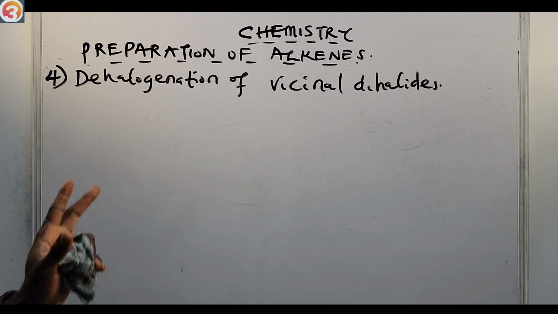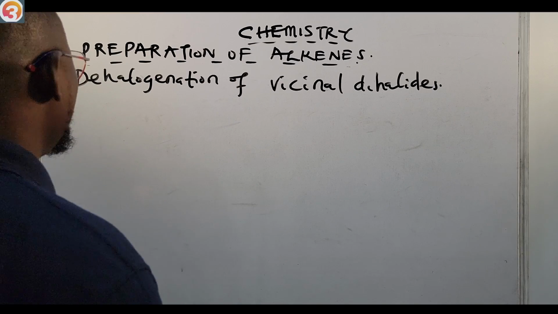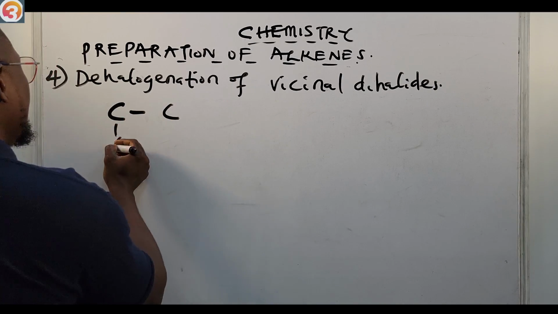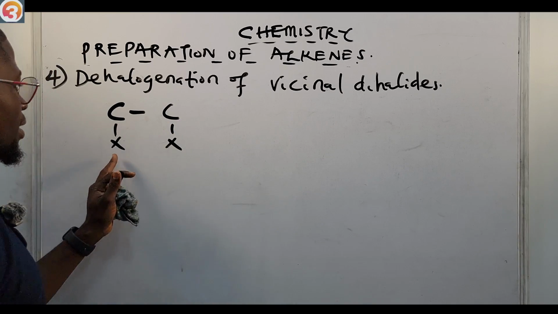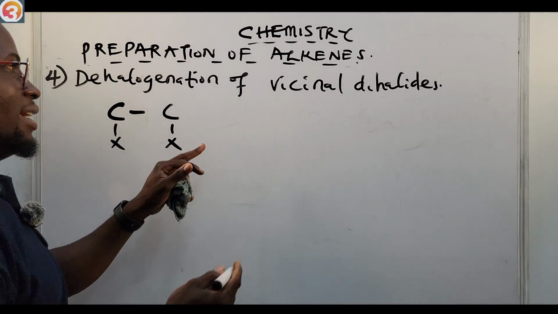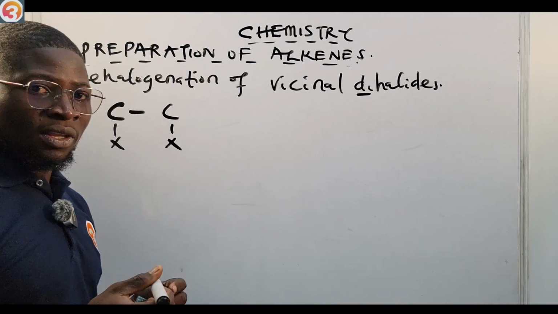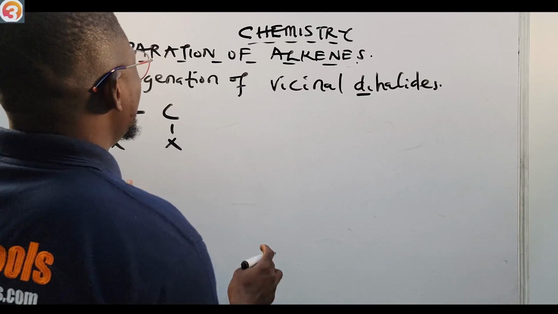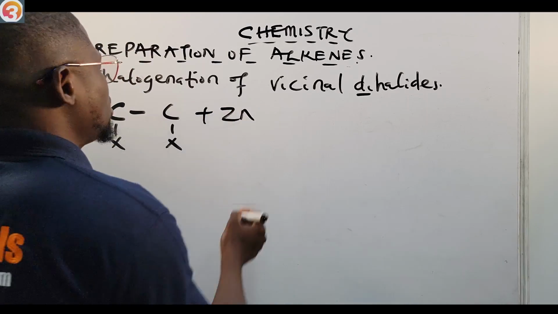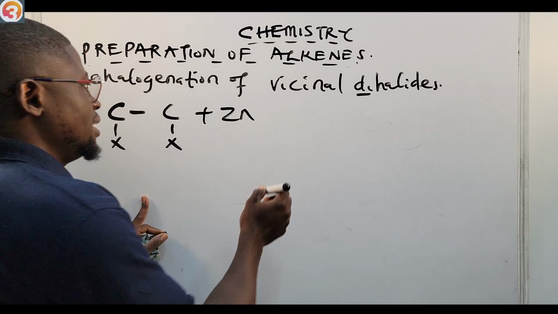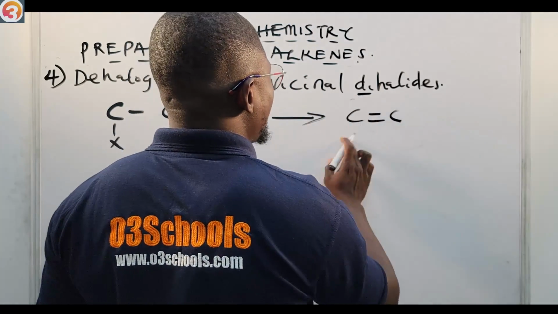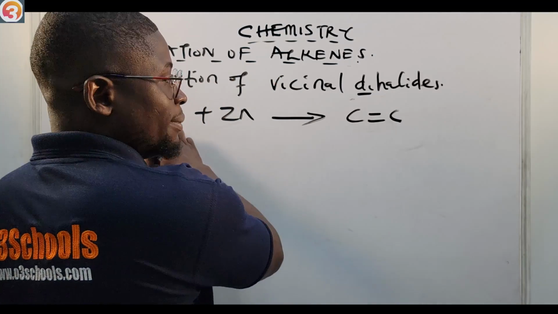Let us see the general formula for this reaction. I'm going to have C, then X, then X. It has 2 halogens, that's why you are seeing dihalide. So this, dehalogenation in the presence of zinc, I'm going to have an alkene, depending on the number of carbon atoms here.